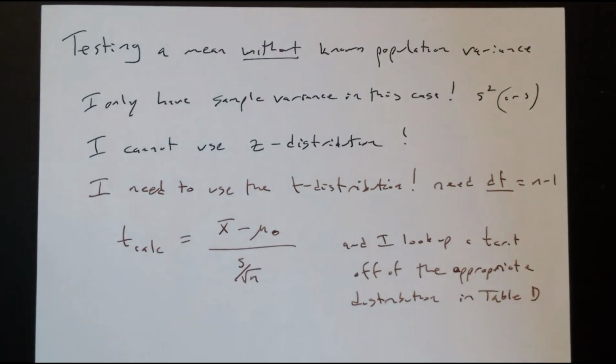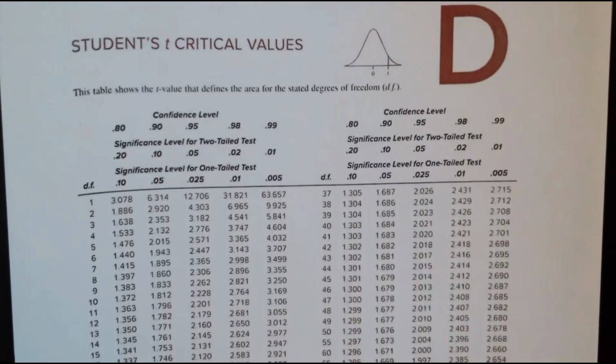Now, in this case, I am far more likely to use my tables and not use a p-value unless I'm in technology. Because when I go back and look at my t-table, it is very limited. My t-table only contains particular critical values.